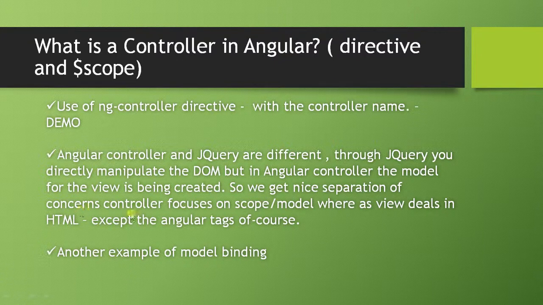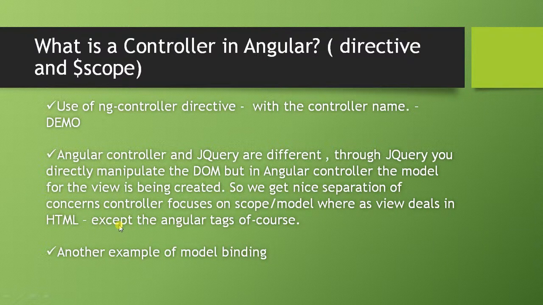So what effectively happens is you directly work over the HTML through your jQuery. With direct manipulation through jQuery, you directly manipulate the DOM, but in an Angular controller the model for the view is being created. Okay, so you remember the message part we created, that is the model. In case of $scope, we have passed one model property, that is the message, and that message has been displayed over there.